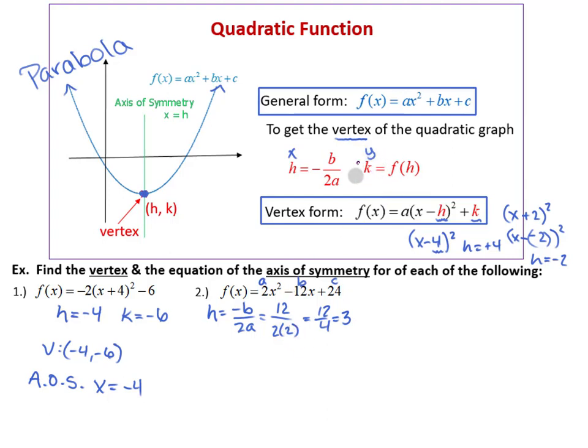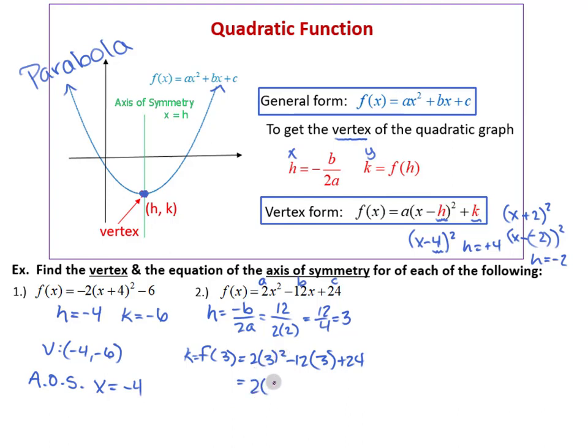Okay, to find k, the y-coordinate, we need to plug 3 into our function. So we're going to say k equals f of 3. So plug 3 into our function: 2 times 3 squared minus 12 times 3 plus 24. So again, order of operations, remember exponents before you multiply.